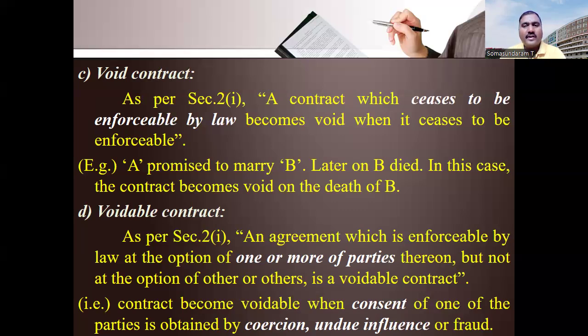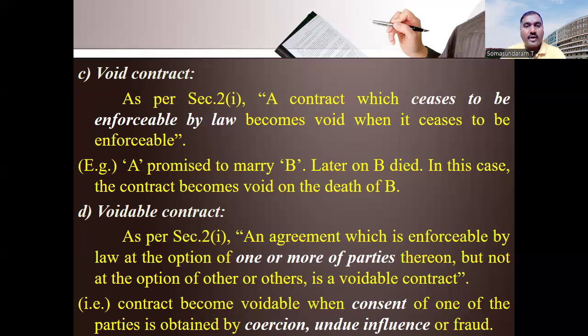The fourth important contract under enforceability is voidable contract. That means two parties enter into a contract by making the agreement as per the law, but afterwards it is noted that one of the parties made this contract in an illegal way, or by threatening the other person, or by using some loopholes in the rules and regulations. Finally you realize that the particular contract is not a valid contract.